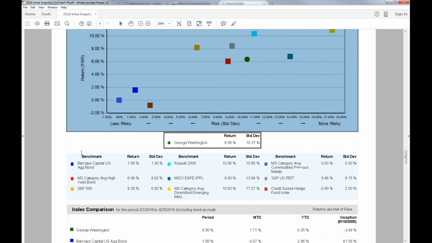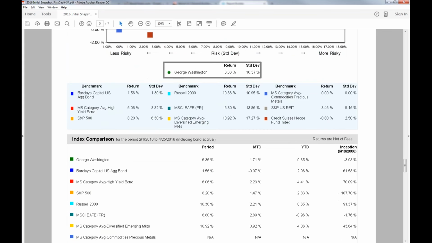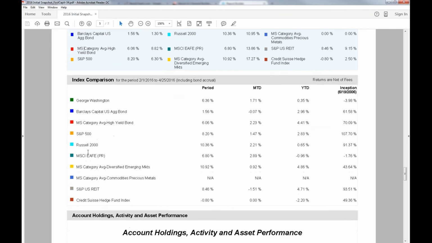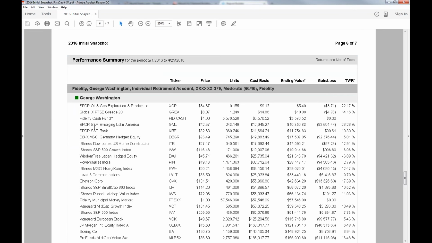These are more benchmarks to look at. Then we have the accounts themselves. So now you get an idea for specifically what the accounts are, so you can look at what you own. So this is your account here. And this shows you the ticker, the price, and it gives you an idea for the time-weighted return of this particular holding.